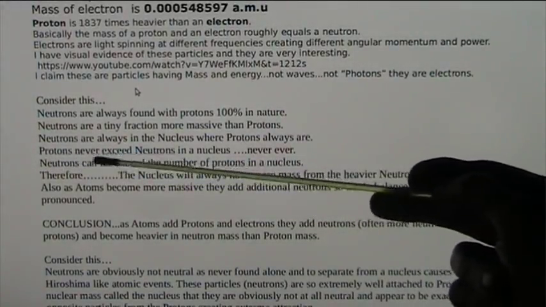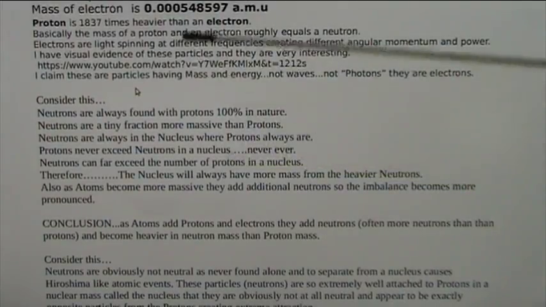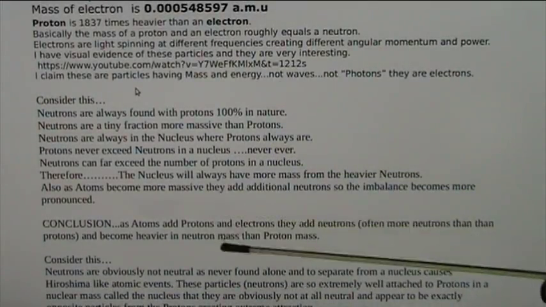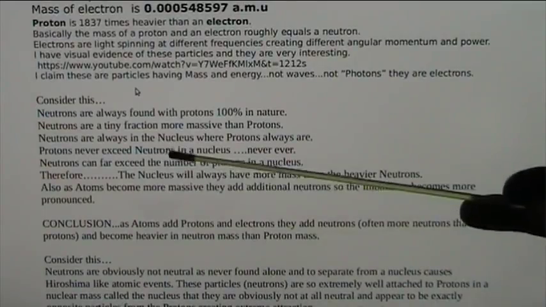Protons never, ever exceed neutrons in a nucleus. If you have a proton, you will have a neutron. If you have two protons, you will have two neutrons. If you have 5 protons, you have 5 neutrons minimum. You may have 6, 7, whatever. There may be additional neutrons, but there will never be fewer neutrons.